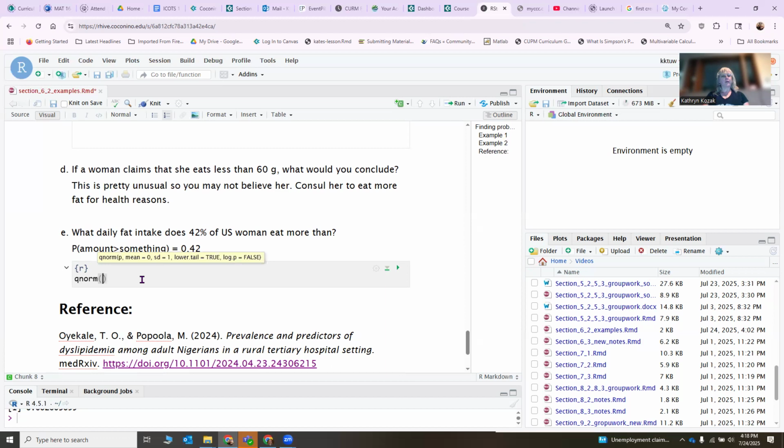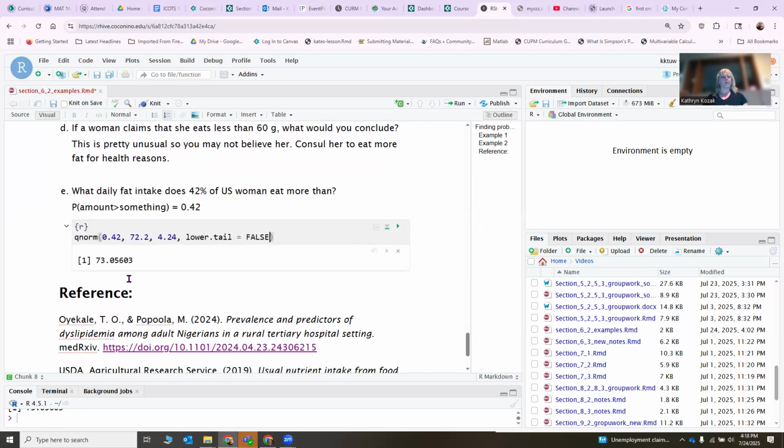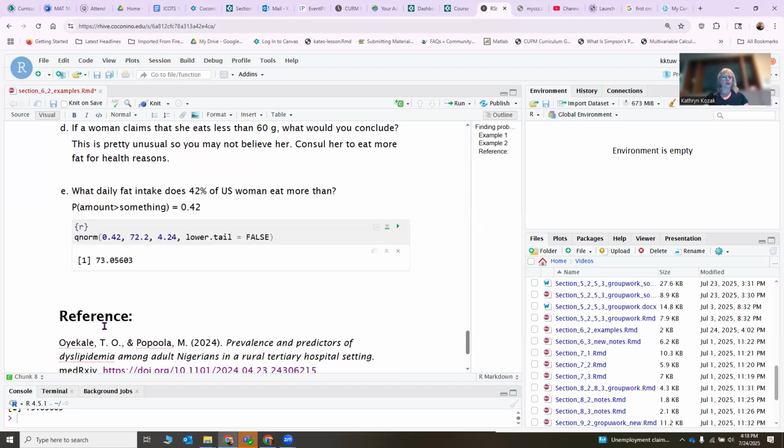My p-value is 0.42. My mean and standard deviation are the same. And my lower dot tail, because we're greater than, we're above, is going to be false. So you come up with 73, I'm sorry, 73 grams. So then we would say 73 grams is the amount of fat intake that 42% of all US women eat more than.